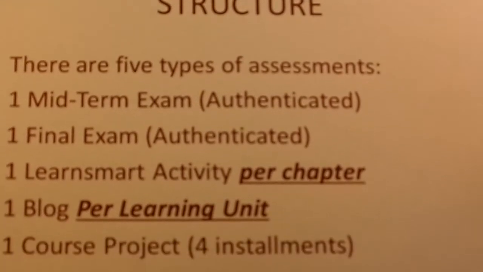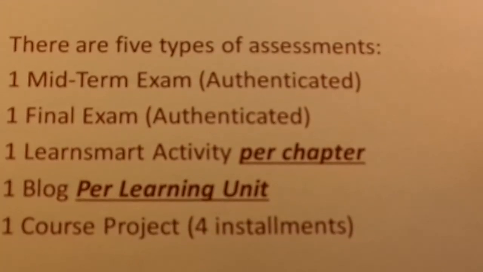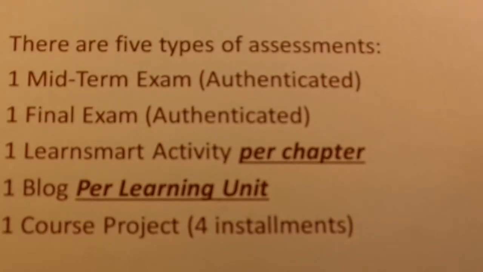There are 5 types of assessments in this class. First, there's a midterm exam, which has to be authenticated. There's a final exam, which has to be authenticated. And we'll talk about authentication in a minute. There are Learn Smart activities for each chapter. These are in Connect, and they're tutorial type things.